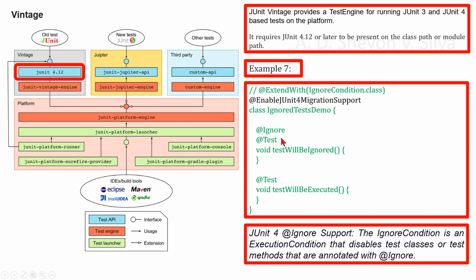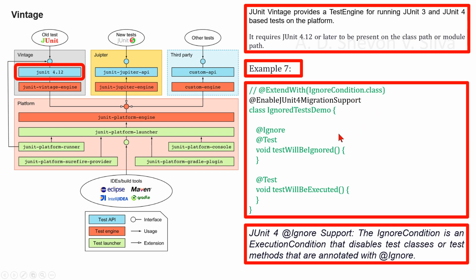To use @Ignore with JUnit Jupiter based tests, configure a test dependency on the junit-jupiter-migrationsupport module in your build, and then annotate your class with @ExtendWith(IgnoreCondition.class).